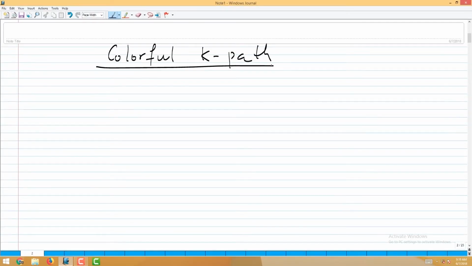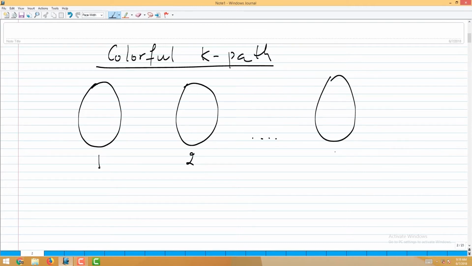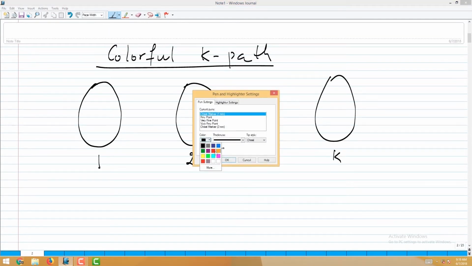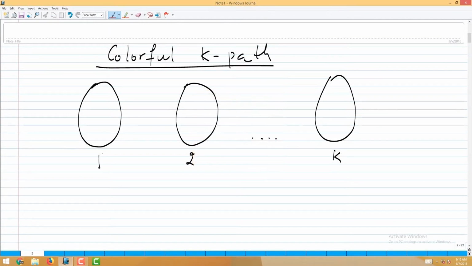Let this be the collection of all vertices in the input graph that I've got colored 1. Let this be the collection of all vertices in the input graph that I've got colored 2, and so on. These have got colored k. So basically these are the vertices which have got colored 1.